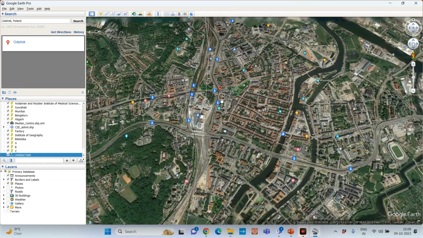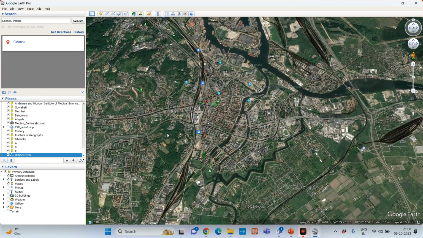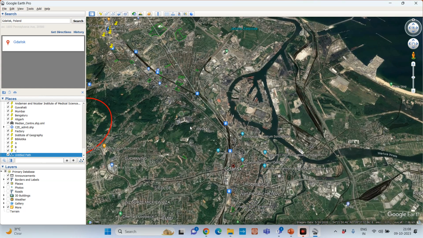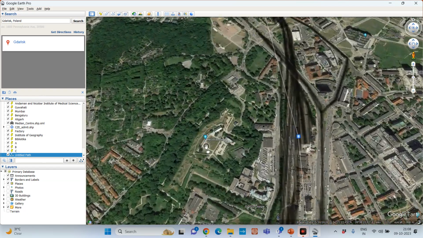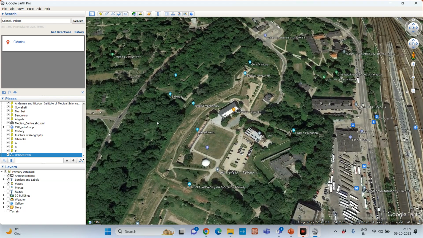So there is Hevelianum, here I think. Where is the Hevelianum? There is a Galeria Bałtycka. Yeah, Hevelianum is here. This is one tourist spot, a very popular place of Gdansk.